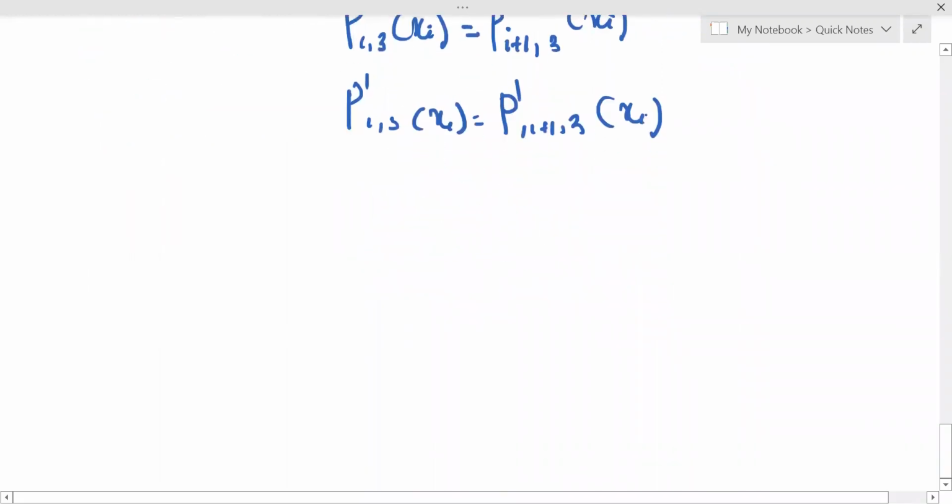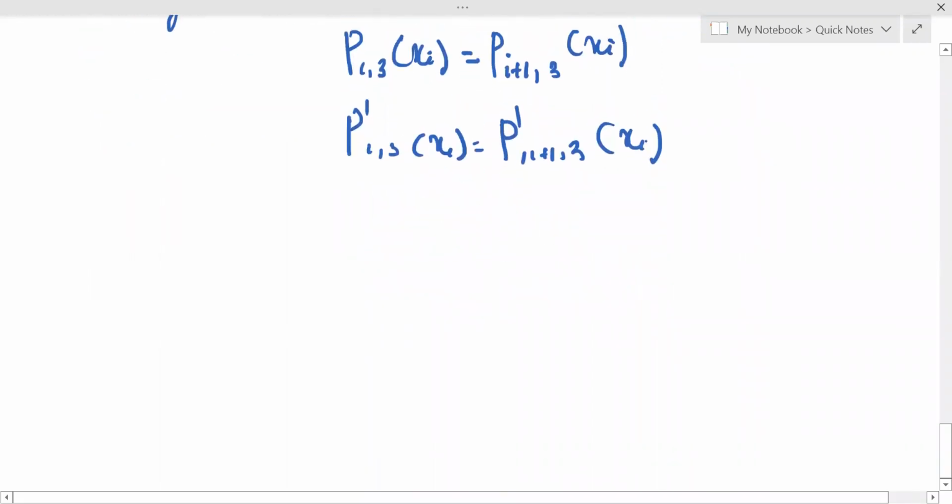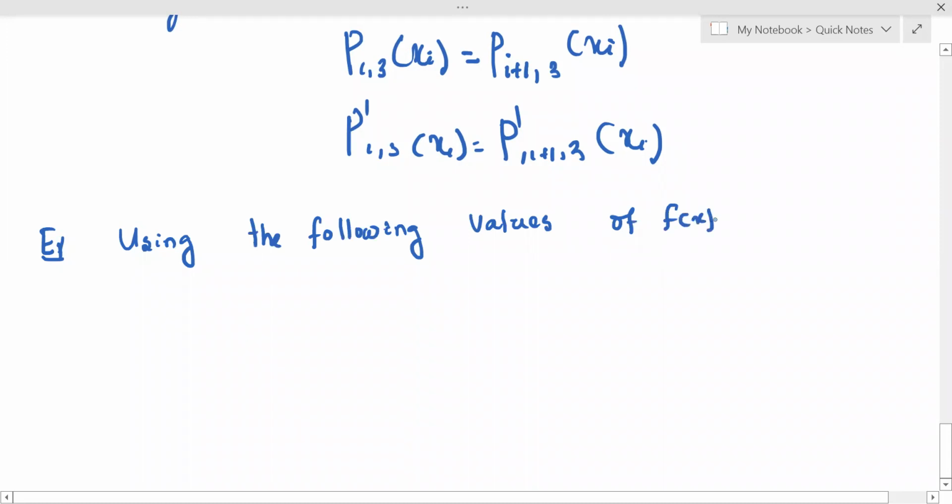Suppose we consider one example for solution of the Hermite type. एक Hermite type polynomial का एग्जांपल हम अभी कंसीडर करेंगे using the following values of f of x and f dash x.